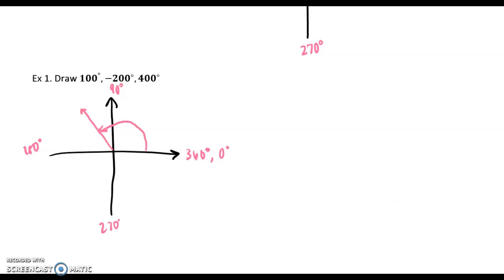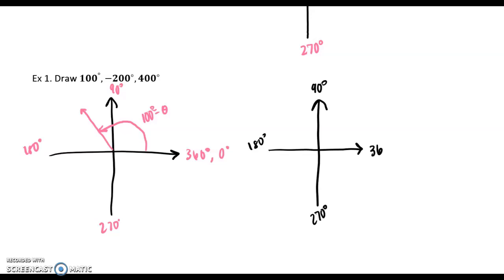All right, so we're going to do the next one, which is negative 200. So this will be 90, 180, 270, and 360. But we're going in the negative direction. So this is now 90 down here.